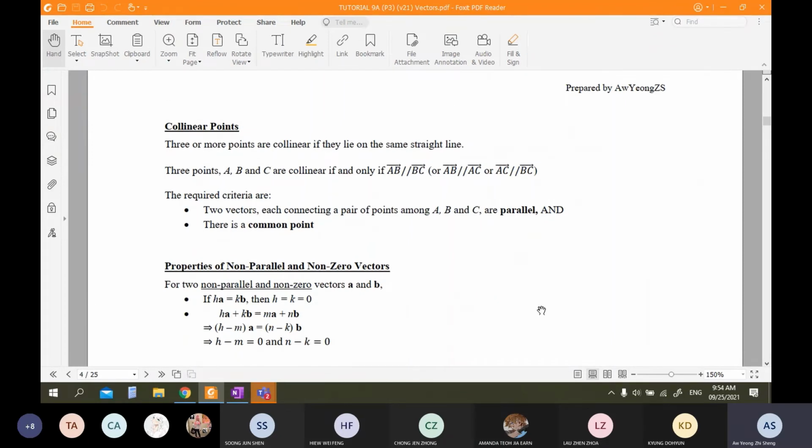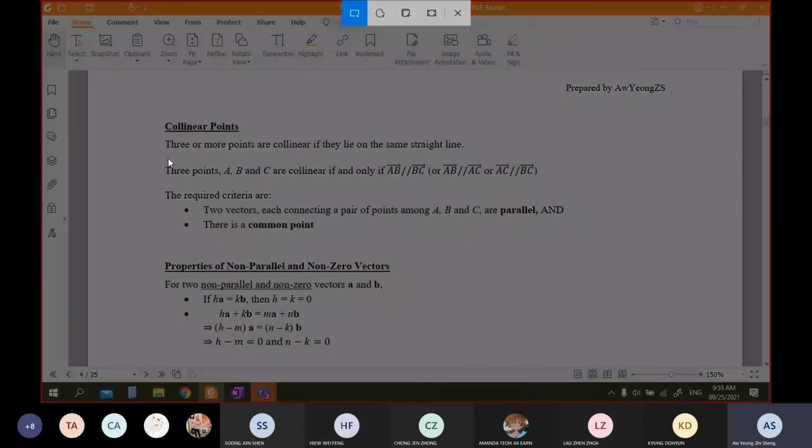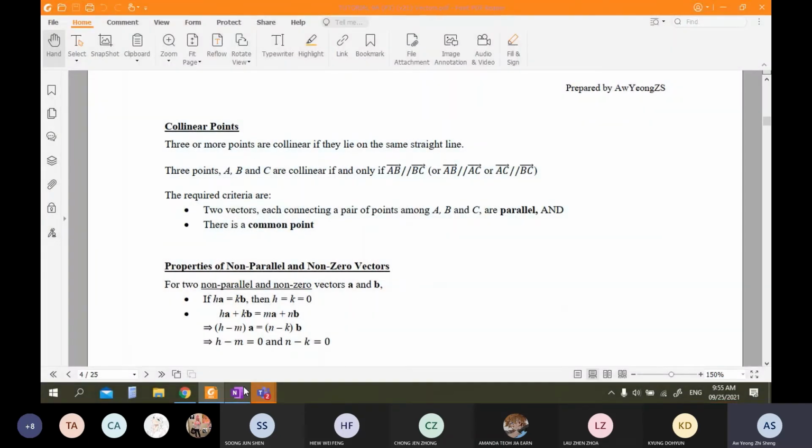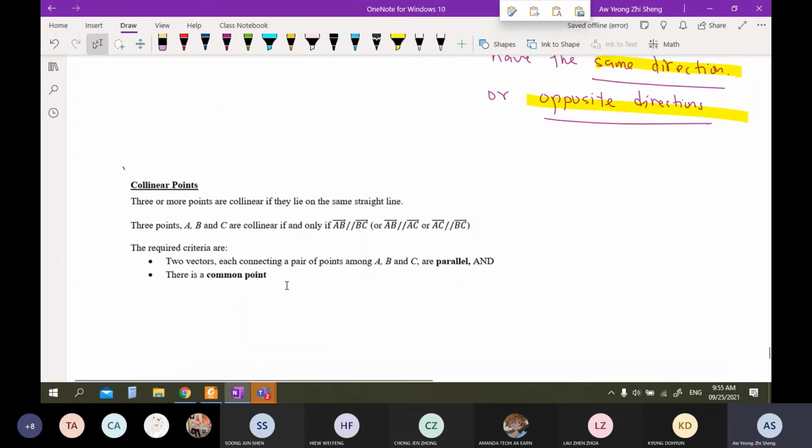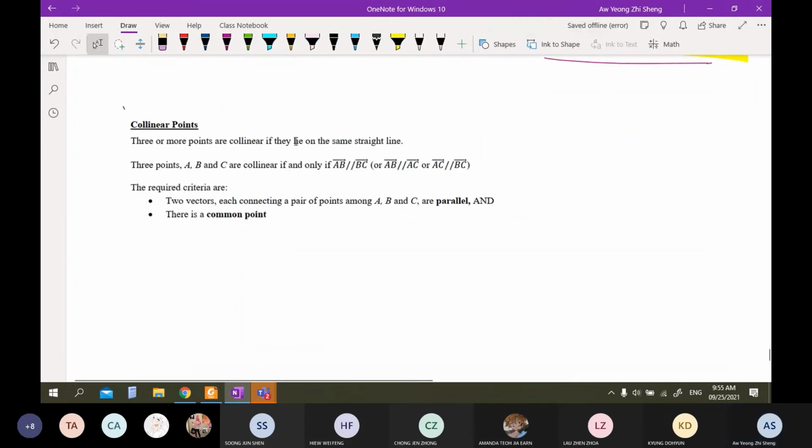Okay, next. On collinear points. In the chapter on coordinate geometry, you have learned before the concept of collinear. Here it is the same concept, but we are just studying it using the vector mindset. If they say points A, B, C are collinear, that means it is possible to connect A, B, C using the same straight line.